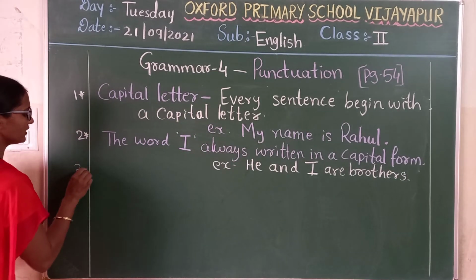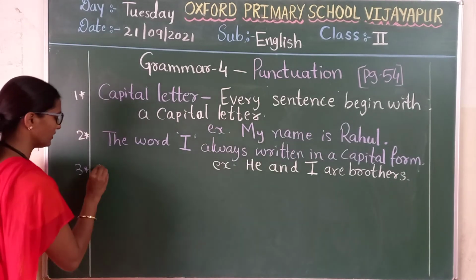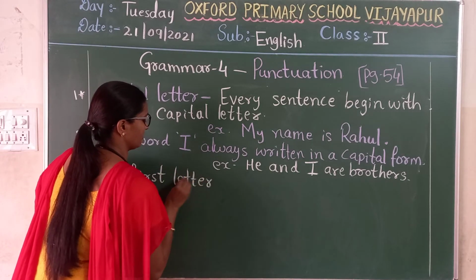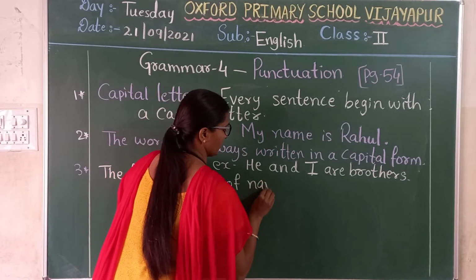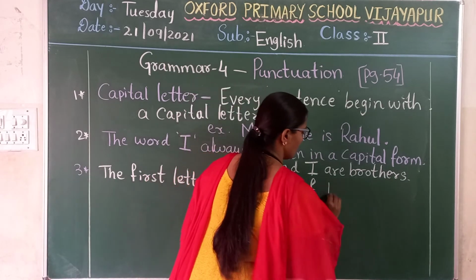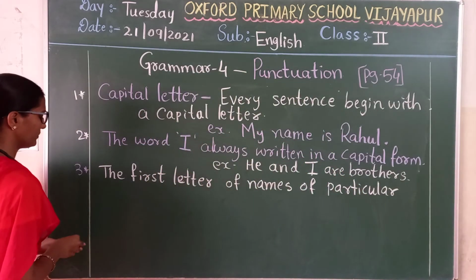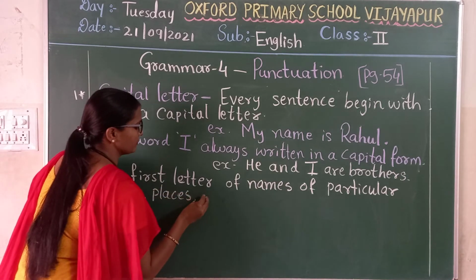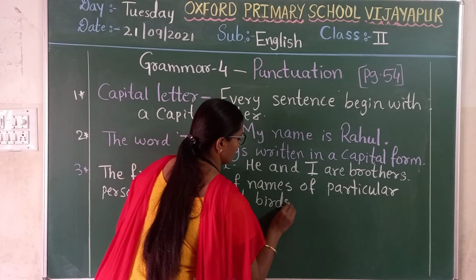Next point, the third point about the capital letter is the first letter of the names of a particular person, place, animal, bird, book.